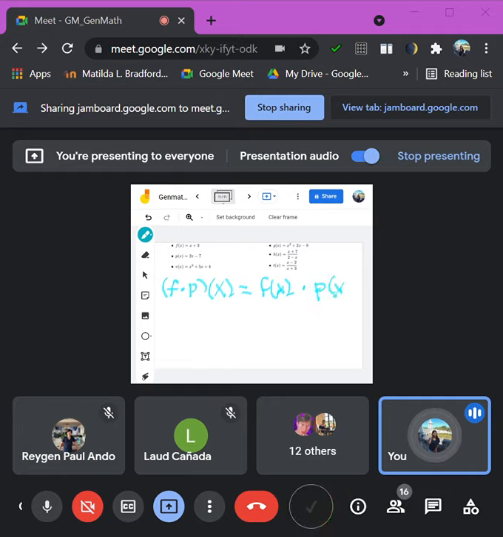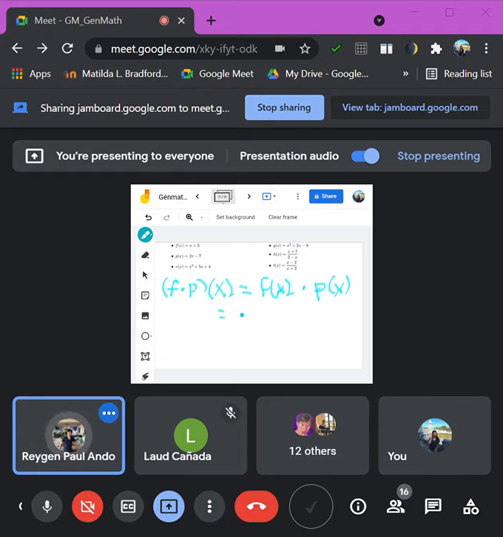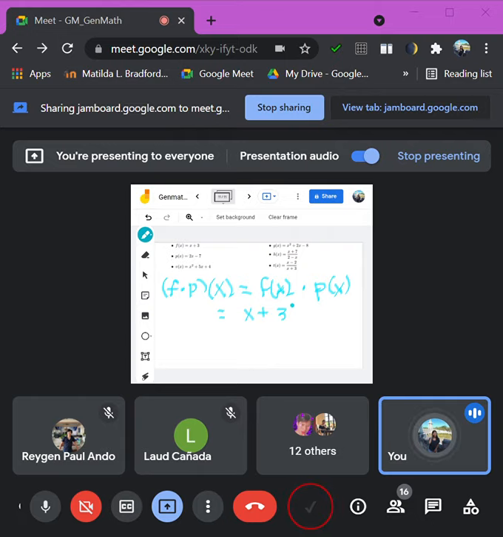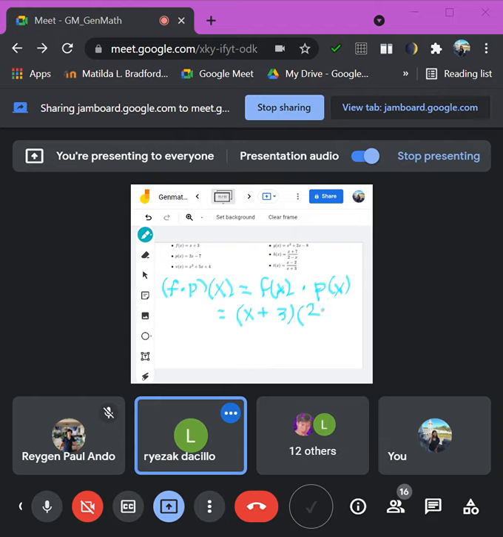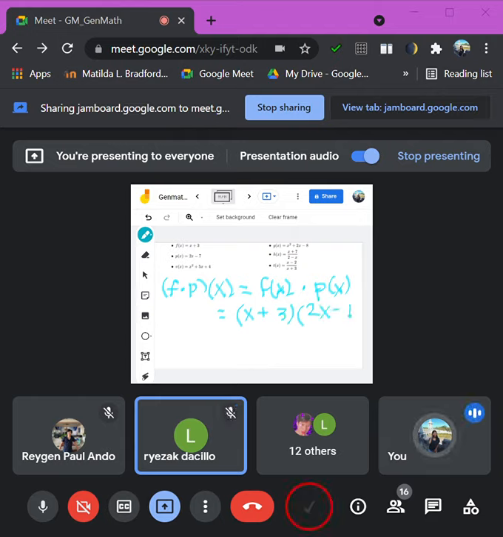So, unsa man ang ato ang f of x, class, sa atong given dire? x plus 3. Very good. So, ato daw siyang i-multiply. So, pwede ra sa ito mo gamit og parentheses kay meron siyang multiplication. What is our p of x? 2x minus 7. Very good.